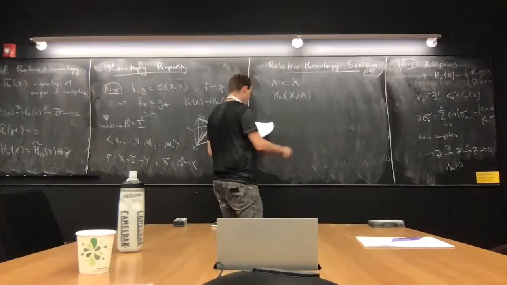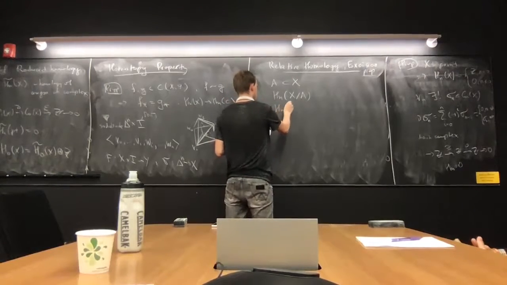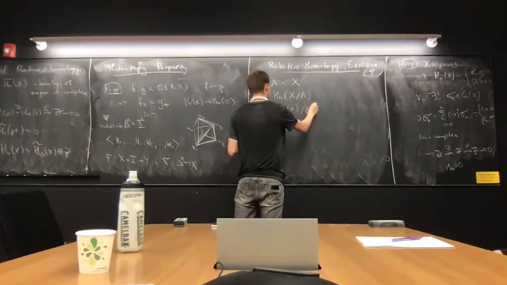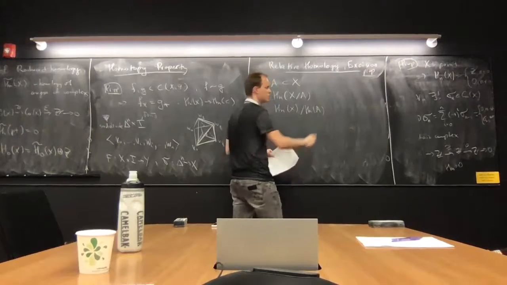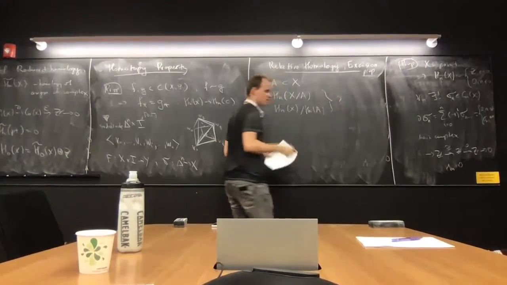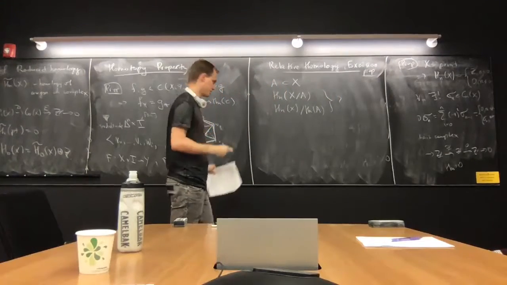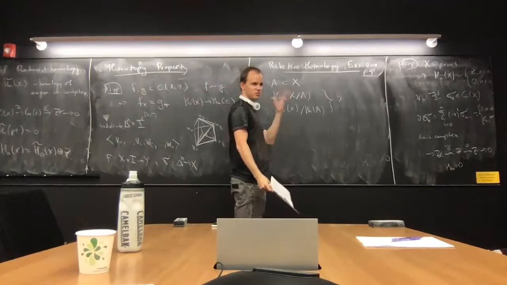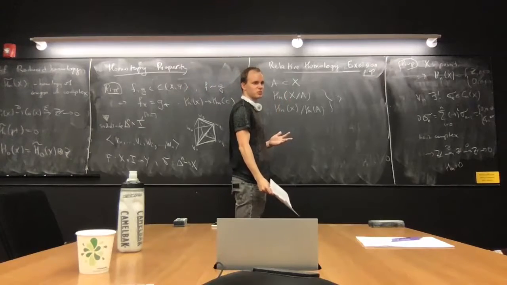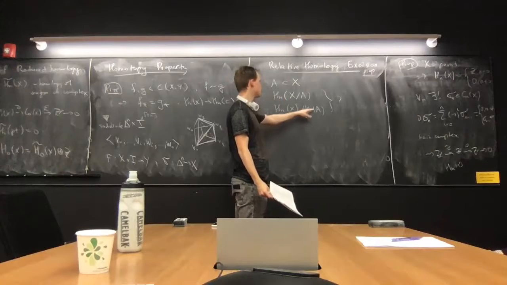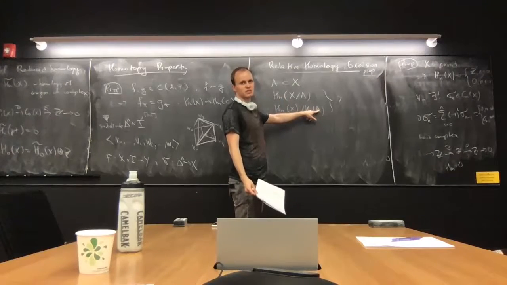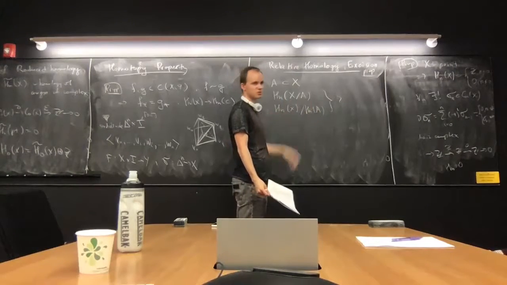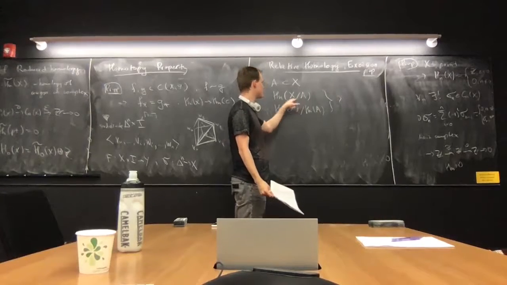That's one thing that you can compute. Another thing is Hn of X divided by Hn of A. So the question is, how different are they? From some thought experiments, you can quickly realize that that depends on the homology of A, on how many holes this operation kills.